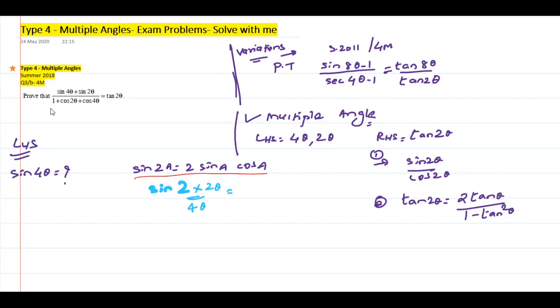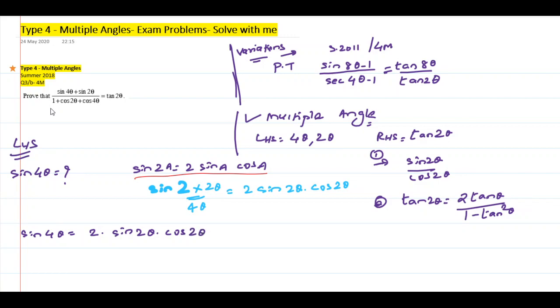So if I have to expand in that format, it will be 2 sine a cos a, where a is 2 theta, and cos of a is again cos of 2 theta. So I know this formula can be written like this. So sine of 4 theta becomes, using this formula, 2 sine of 2 theta cos of 2 theta. Okay, that's how we get that.